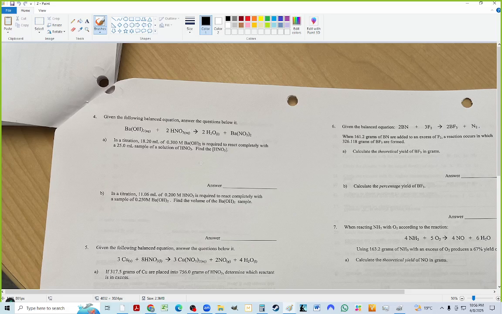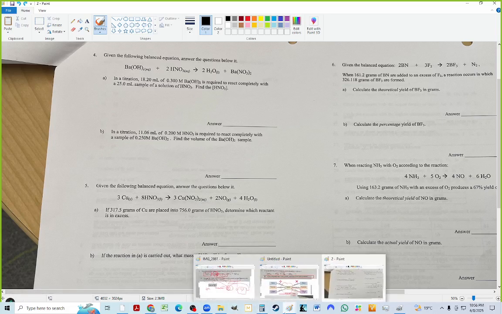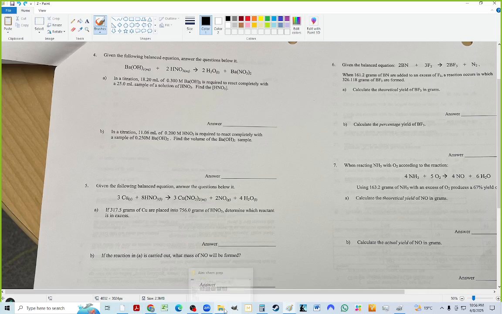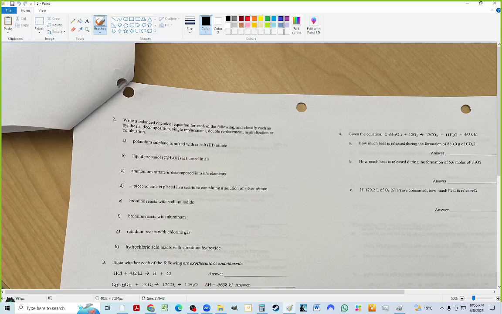So these are all titration questions, and it gets into excess and limiting amounts. It's pretty tough. A lot of these questions are almost like the next year of chemistry. So I'm just trying to figure out what you want to focus on here. So that's titration, then the ones on excess.